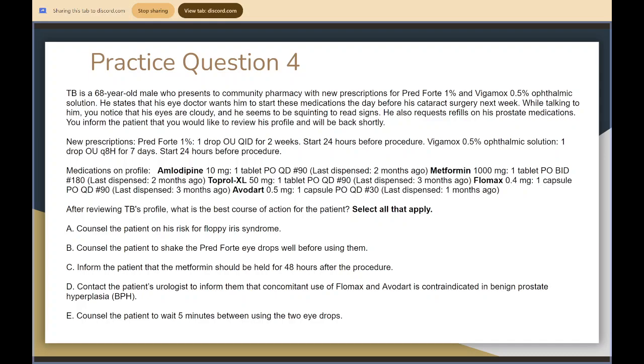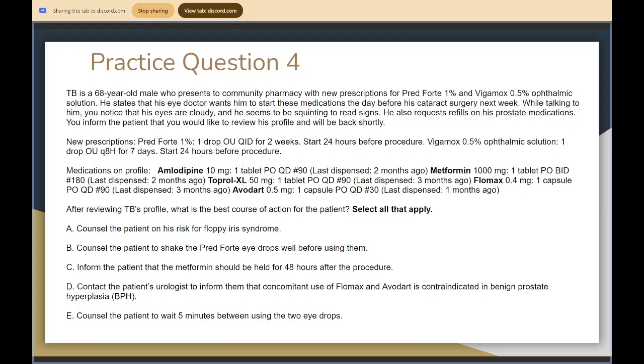Medication on profile: amlodipine 10 mg, 1 tablet PO QD, quantity 90, last dispensed 2 months ago. Metformin 1000 milligrams, 1 tablet PO BID, number 180, last dispensed 2 months ago.